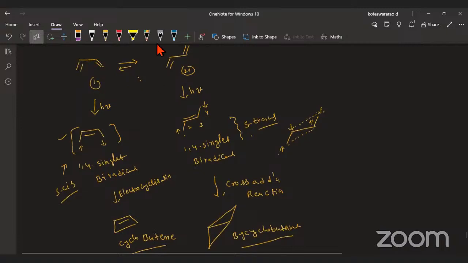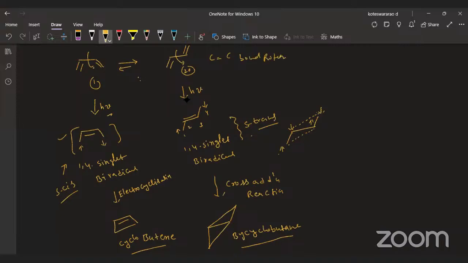The C-C single bond undergoes rotation whenever we irradiate with light. Both the compounds undergo C-C bond rotation. Therefore, we cannot predict that only the cis product gives the cyclobutene and only the trans product gives the bicyclo product.